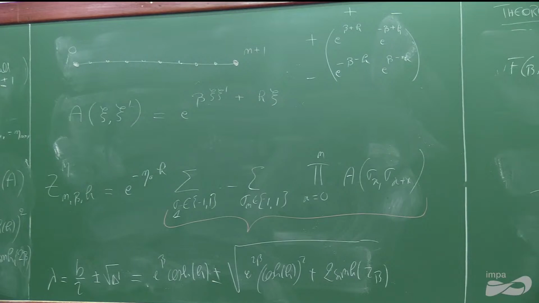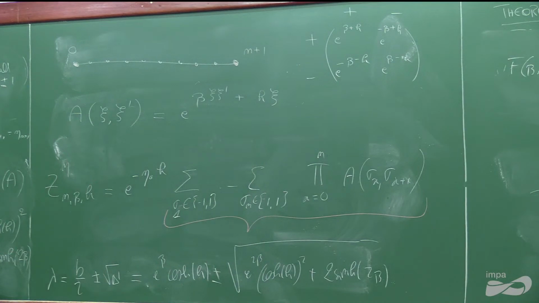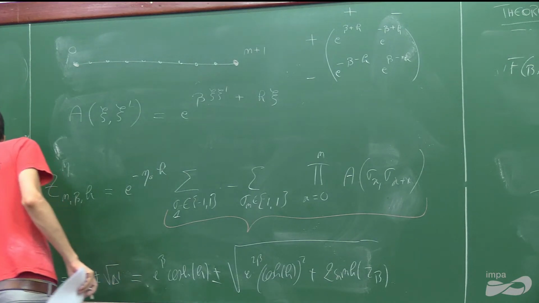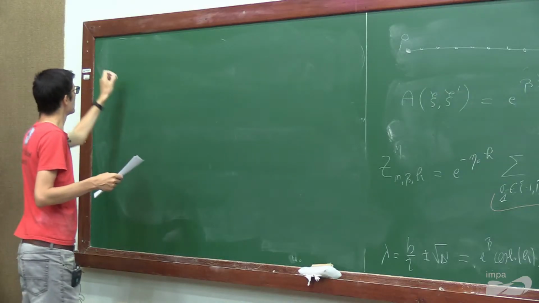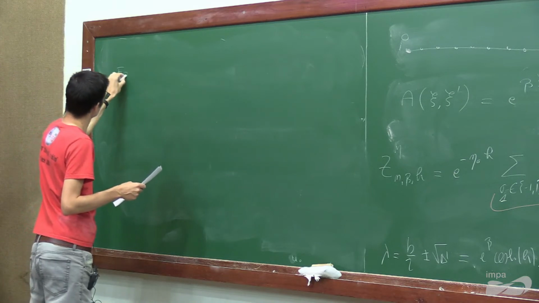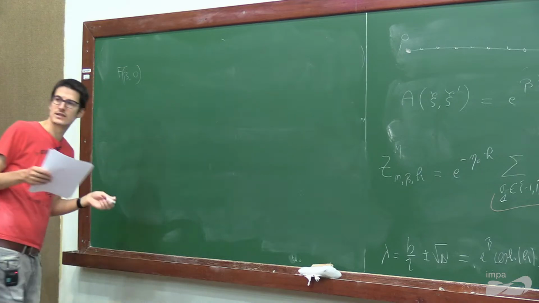In dimension 3 and more, you can't do anything, so that's quick. In dimension 2, it's not possible to compute the free energy in general, but it's possible to compute the free energy at zero magnetic field.